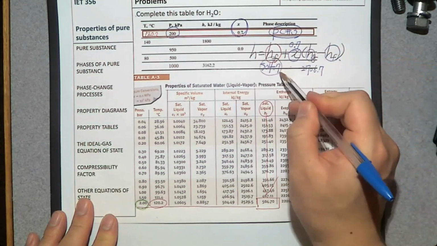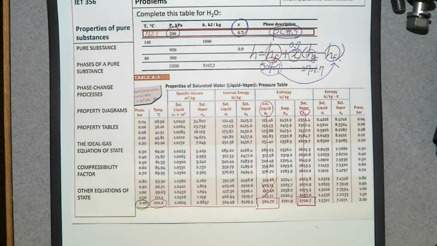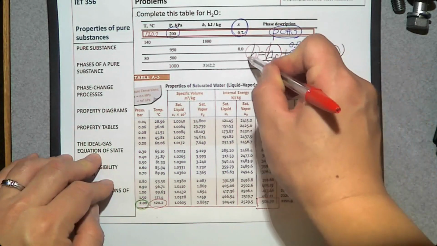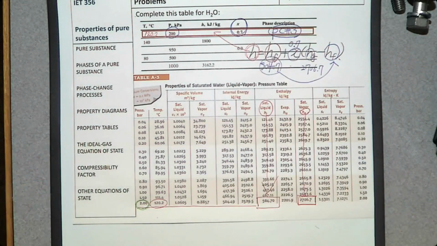We already found this one, and it goes in here. So we have everything. Can you determine h? Yes, you can. Once you determine h from this equation, it goes in here. That's how you complete the first row in the table. Any question? No? Okay.